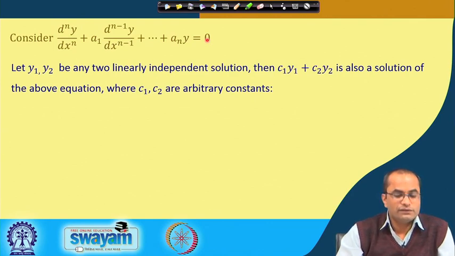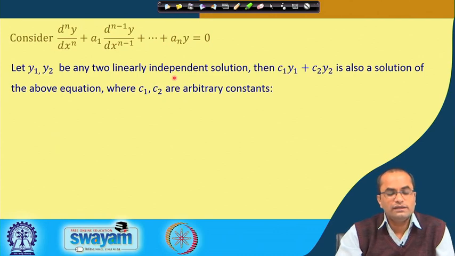and we let y1 and y2 be any 2 linearly independent solutions. What we want to show here is that c1 y1 plus c2 y2 is also a solution of the above equation, and this c1 and c2 are arbitrary constants.